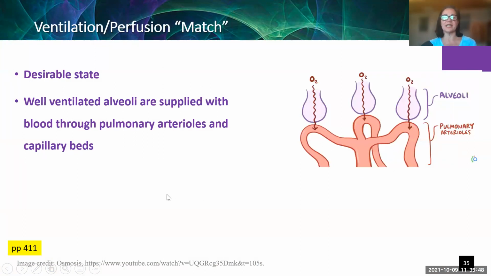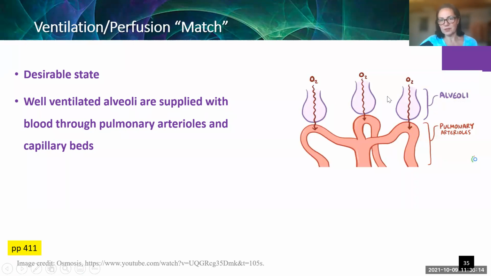All right, so let's take a look at ventilation perfusion match. Nobody calls it this, but in contrast to mismatch. This is the desirable state. When you have well-ventilated alveoli, you want all of those alveoli to be supplied with blood through the pulmonary arterioles and then the capillary beds that surround the alveoli.